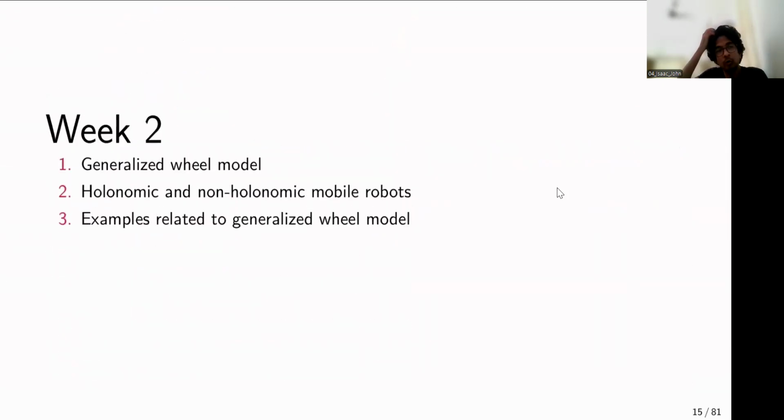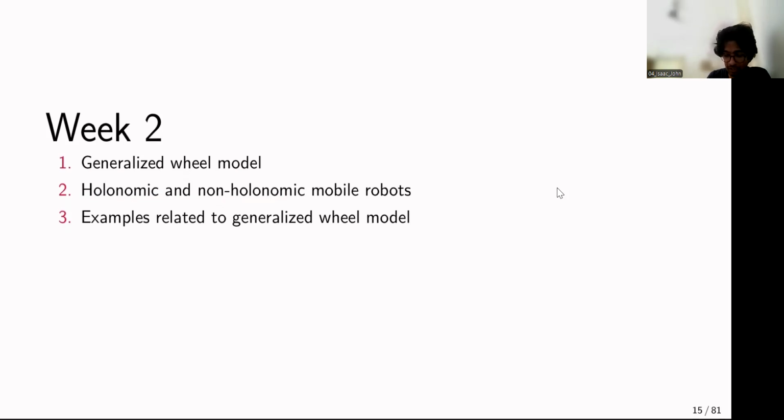Then moving on to wheel two, we are building up on what we have seen in week one. We basically build a generalized wheel model for various different kinds of mobile robot bases. Then we see how we can classify a mobile robot based on whether or not they are holonomic or non-holonomic robots.